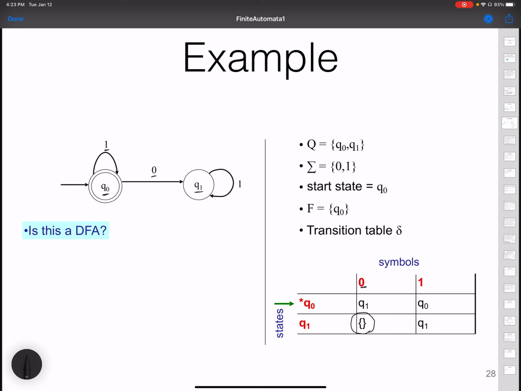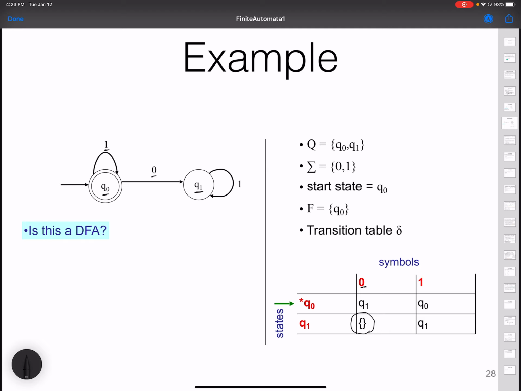Missing a transition doesn't mean that it is a typo. Theoretically, whenever there is no transition defined over Q1, it means that if you are at Q1 and your machine sees a 0 in the input, your machine is going to crash, because no transition has been defined.